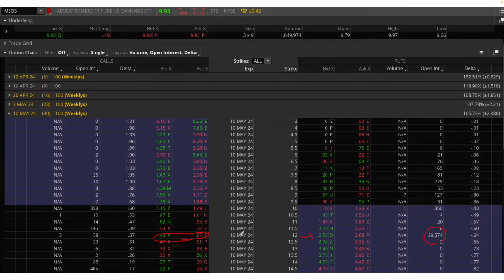For those without options training, that might be a little bit advanced, but these 12s right now, if you do 12 minus 9.93, that equals 2.07. 2.07 is the intrinsic value, and there's about 59 cents of premium in this. That would value these at 59 cents.